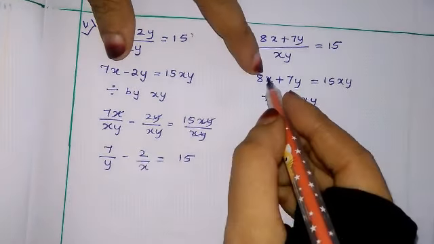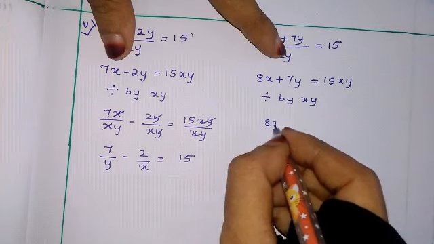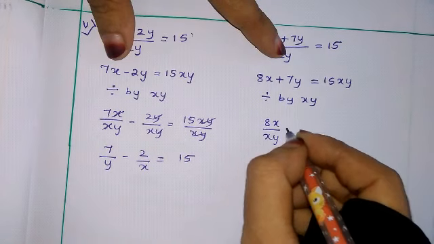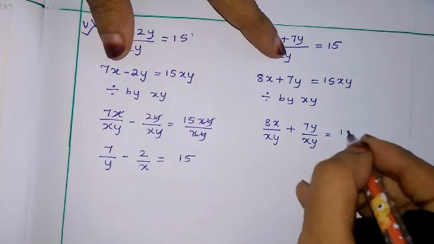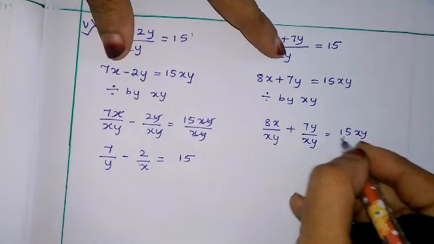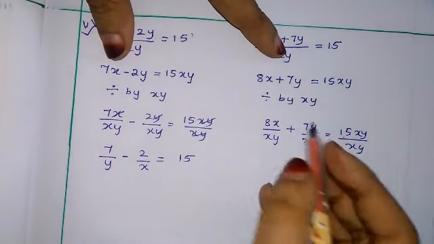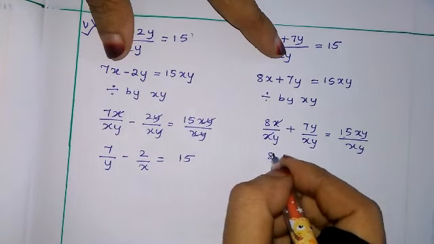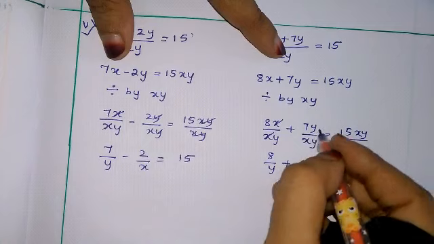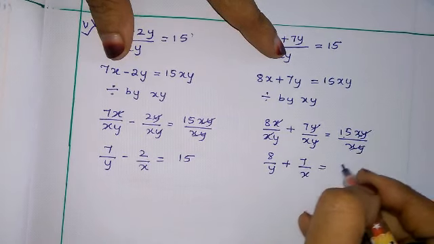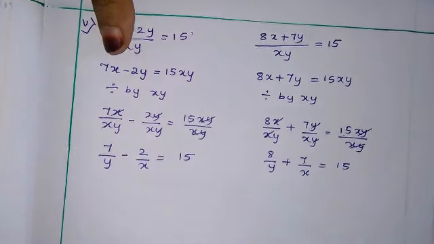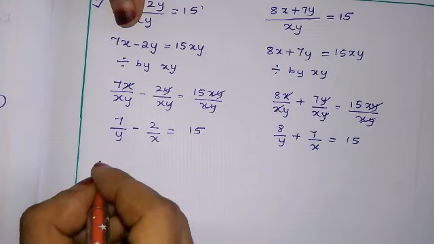In the same way we have to do the same thing. 8x by xy plus 7y by xy, throughout we have to divide, equal to 15xy by xy. Now even here x gets cancelled. 8 by y we will get, plus y gets cancelled, 7 by x we will get, xy gets cancelled, 15 we will get.